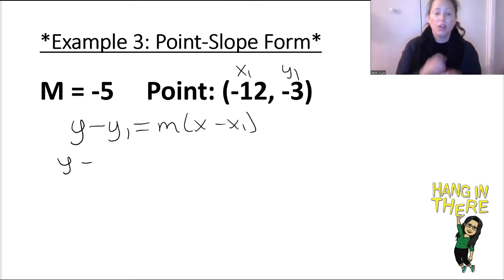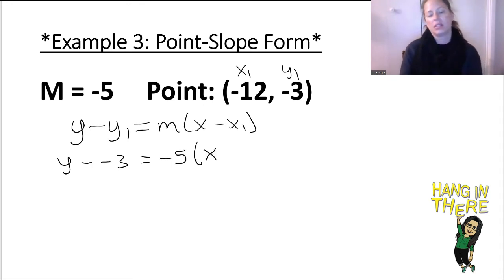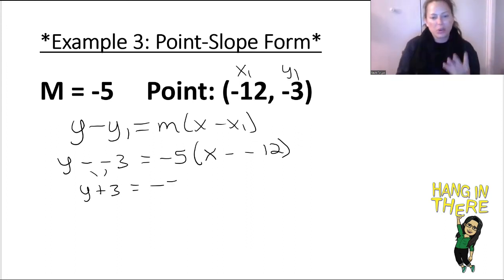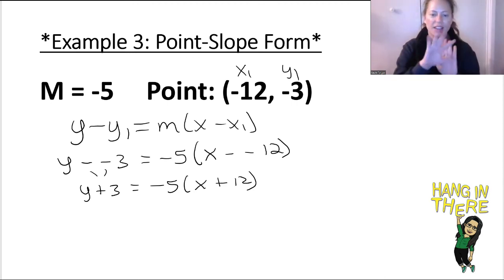So y minus negative 3 equals negative 5 times x minus negative 12. Ooh, lots of negatives here. So after I plug in, I have to simplify and distribute. That turns into y plus 3 equals negative 5 times x plus 12.